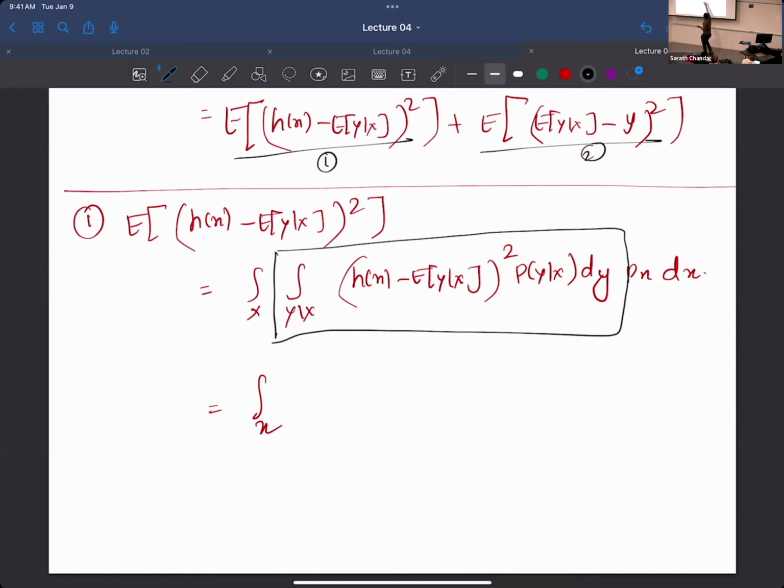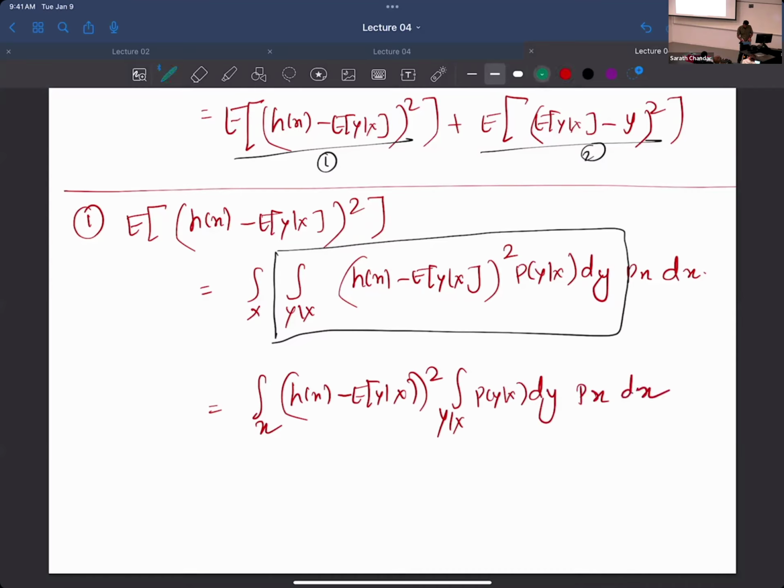But then, is this term a function of y? It is not. h of x minus the mean square is not a function of y, so I can actually take it out. So I can write this as h of x minus E of y given x the whole square, integral of p of y given x dy, p of x dx.